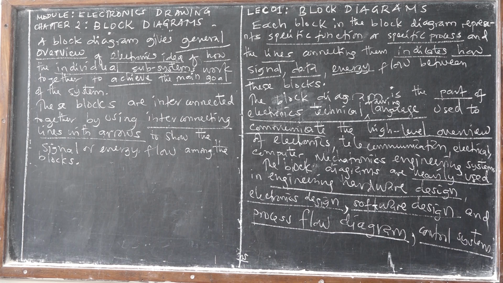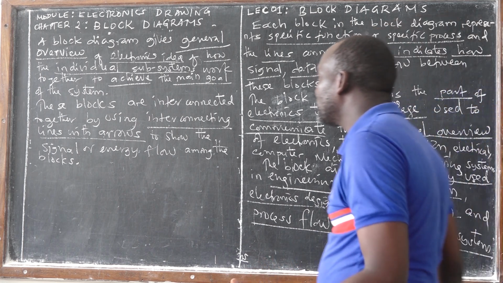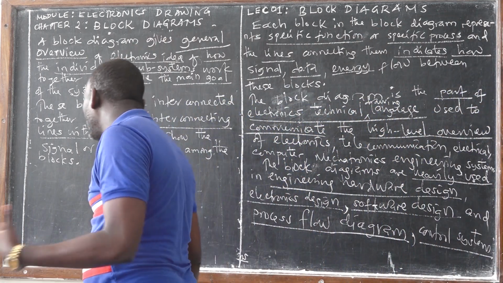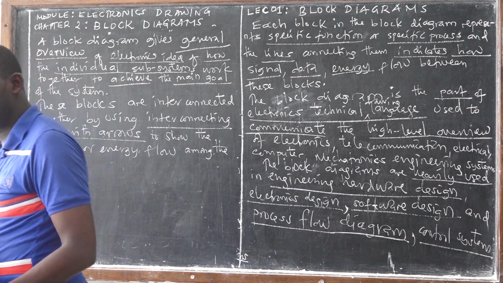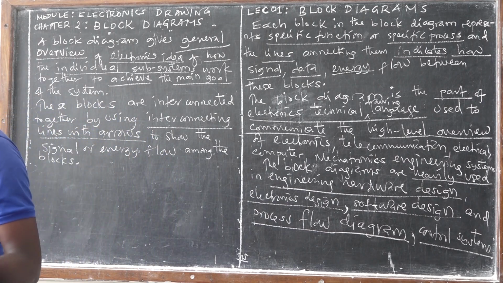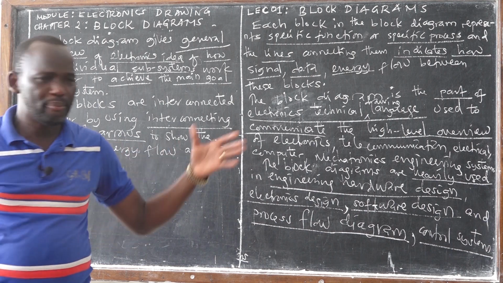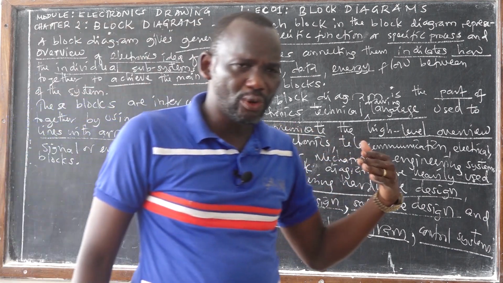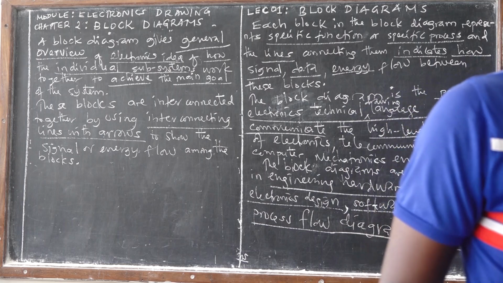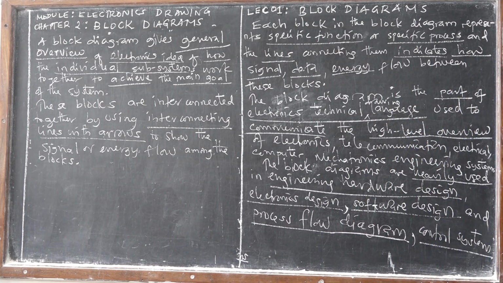Because the human body consists of so many systems, right? Yes. So ask your neighbor, because you are learning about the main goal of the electronic system. But why should we learn about the main goals of an electronic system while we don't know the main goals of our own body? So ask your neighbor again, what is the main goal of your body?